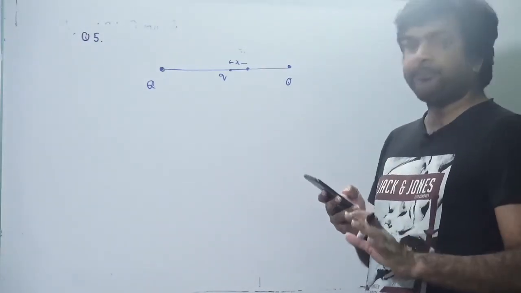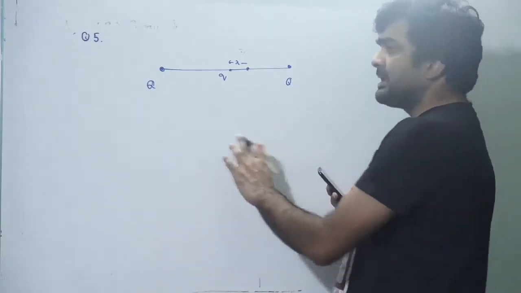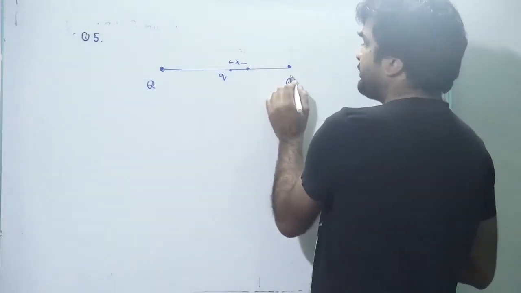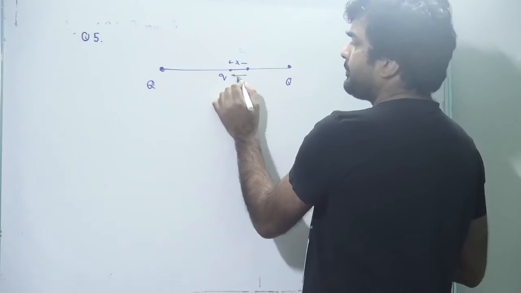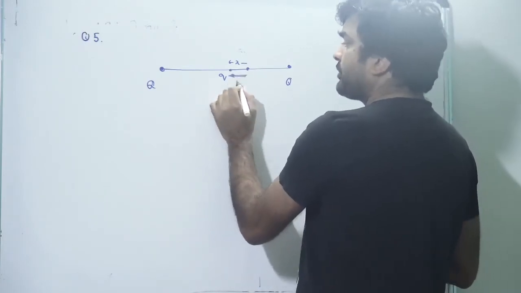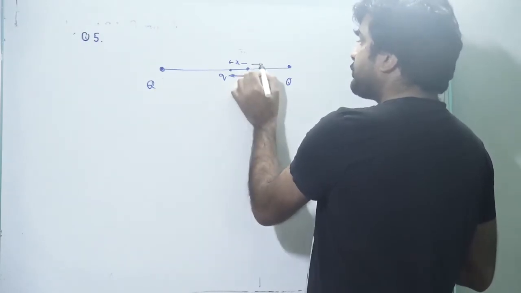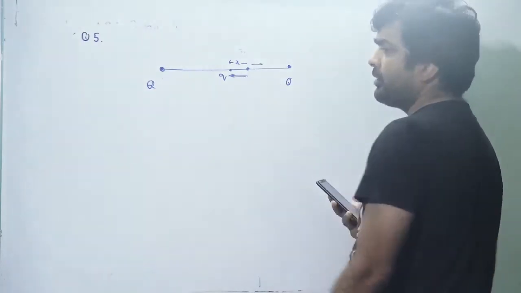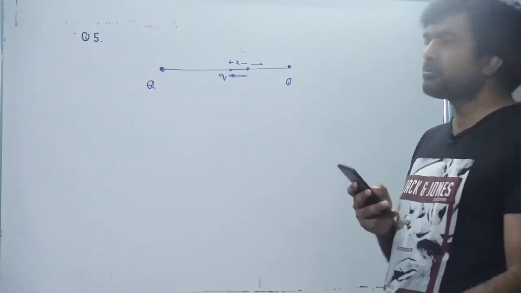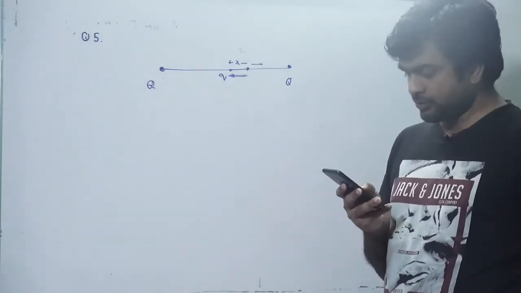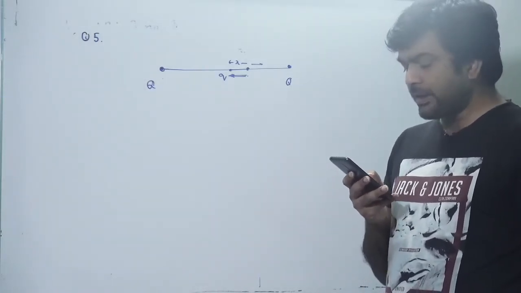So here, if it is displaced slightly from the mean position, this charge Q will repel with greater force. This charge Q will repel but with lesser force. The net force will be towards the mean position. The motion will be periodic, and for small displacement it will be simple harmonic motion also. So option A is correct.